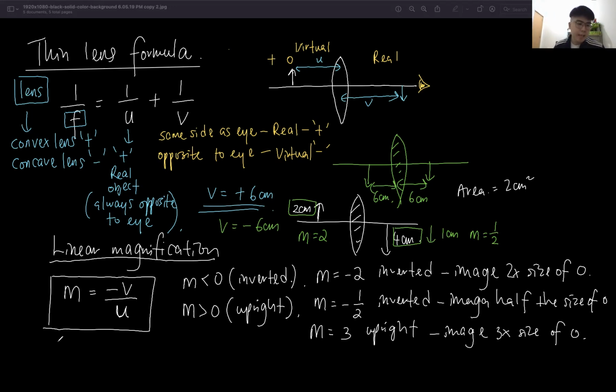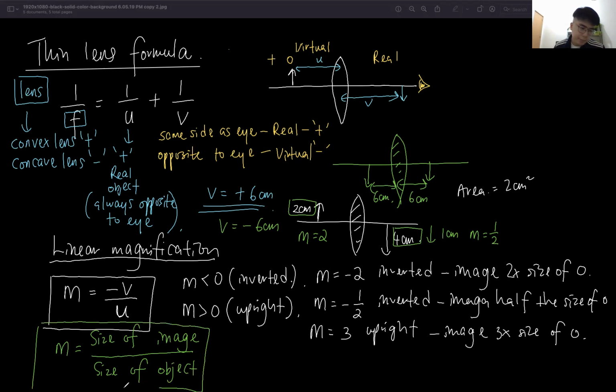So I can also say that magnification equals the size of image divided by the size of object. Here you get your second formula. By size, I mean the height. Usually you are given the height all the time. So you divide the height of the image by the height of the object, and you get the magnification. Formula number 1, formula number 2, plus the thin lens formula, you have 3 formulas over here.